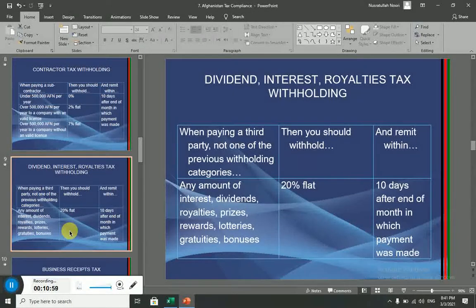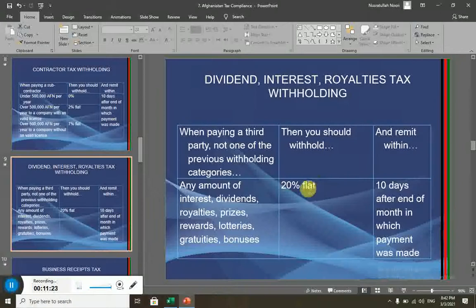If you are making a payment other than rental, other than salary, other than the normal expenses, I mean specifically if you are paying a dividend, if you are paying an interest, or if you are paying royalties, then you will have to apply 20% on the gross payment, right?